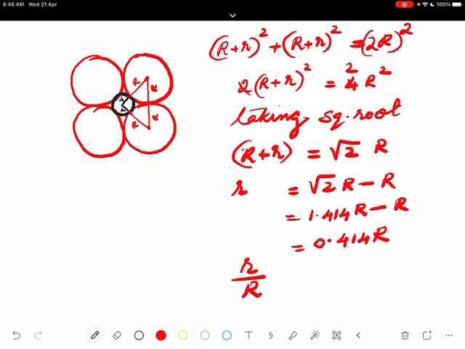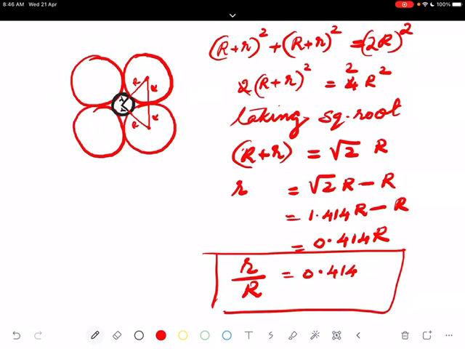Small r is the radius of that cation or that void, equal to 0.414. So this is the radius ratio in the case of an octahedral void.